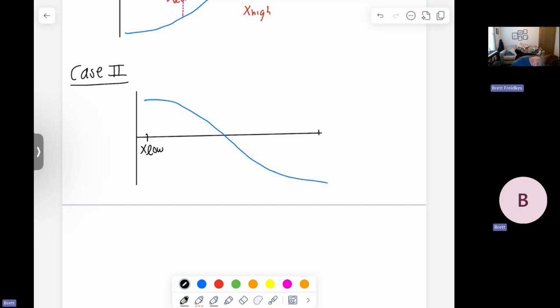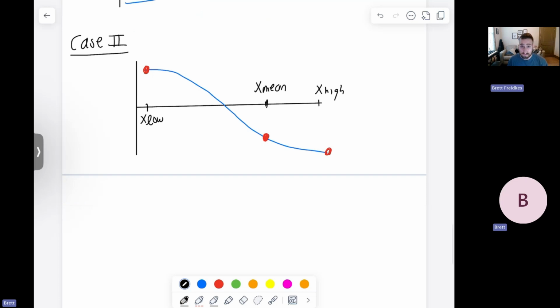X low, X high, and maybe I'll make X mean here. Without worrying about any math, what we can see conceptually is that X mean is having a negative function value at that location.